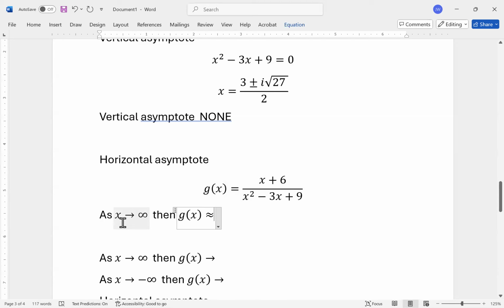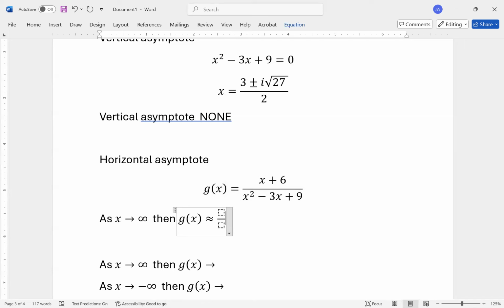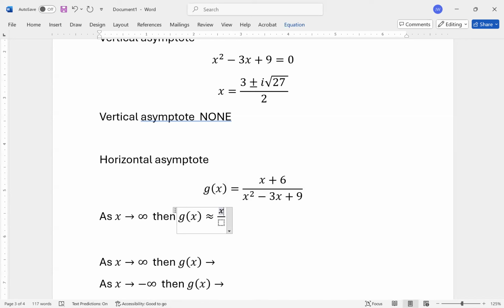But if x goes to infinity or negative infinity, then I can think of this graph as the fastest growth on the top versus the fastest type of growth on the bottom. The leading term on the top divided by the leading term on the bottom. In this case, that's x over x squared, which is the same thing as 1 over x.